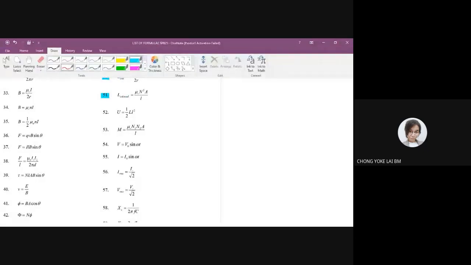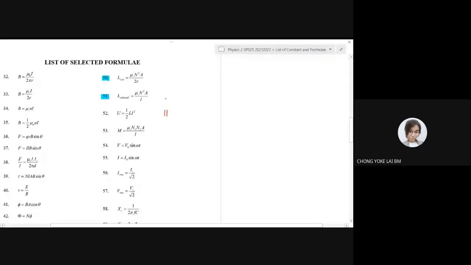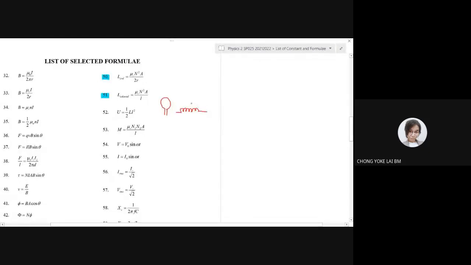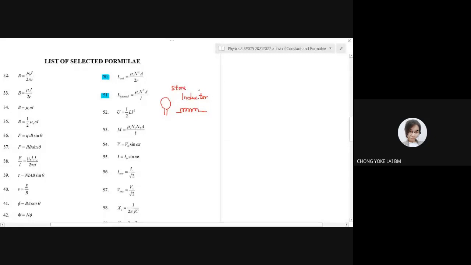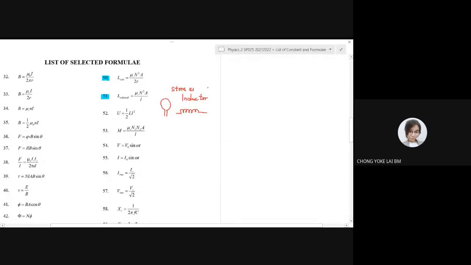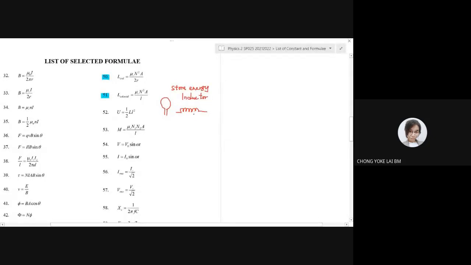And then for any coil or any solenoid that can induce EMF kerana perubahan current, dia boleh store energy. So any coil or solenoid with self-inductance, dia boleh store energy. Benda tu, komponen tu kita panggil inductor.